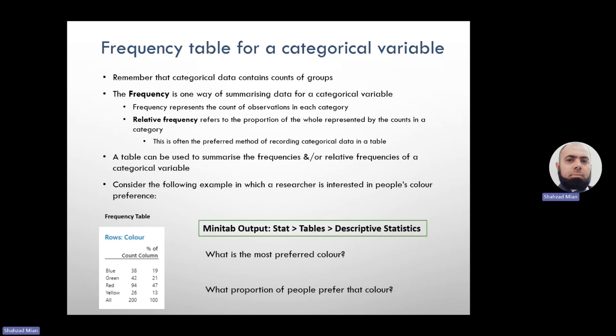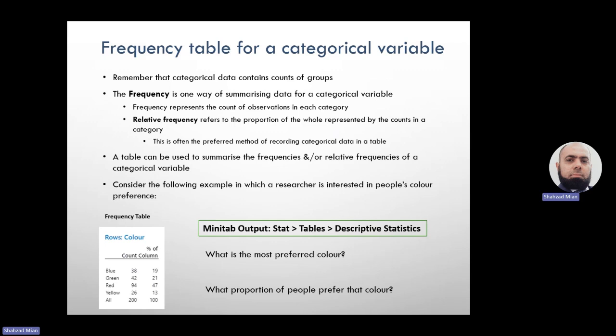You already have the total number of observations, and out of that, you look at how many counts belong to each category, and based on that we get the relative frequency. So a table can be used to summarize the frequencies, or the relative frequencies, of a categorical variable. Looking at this example can give you a good understanding of frequency and relative frequency.